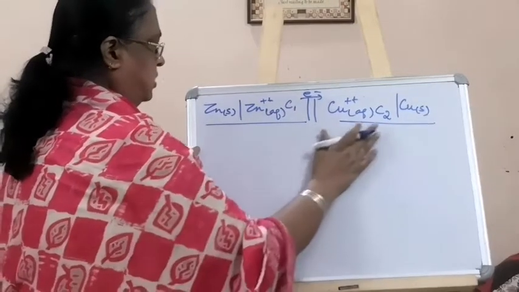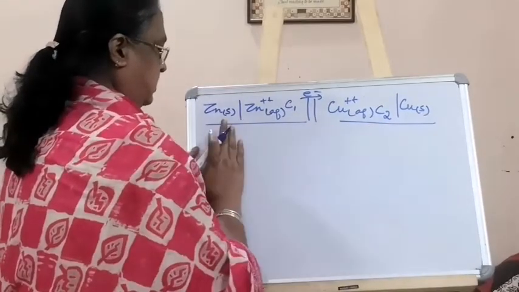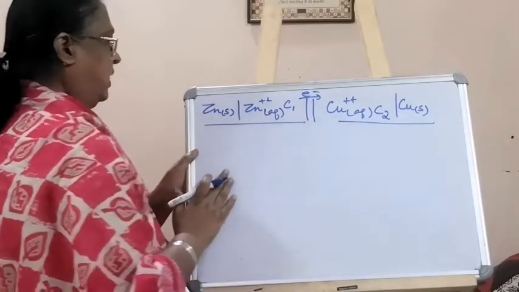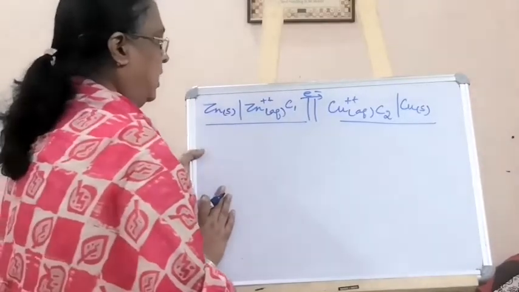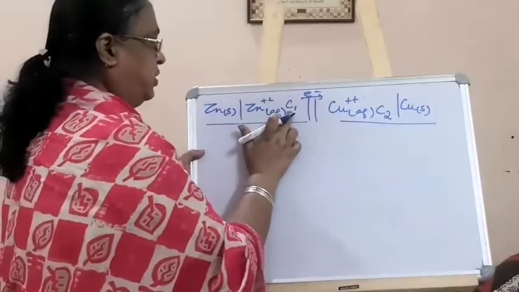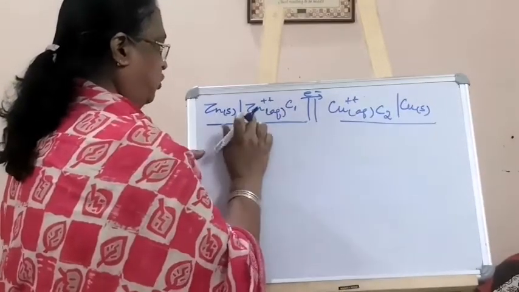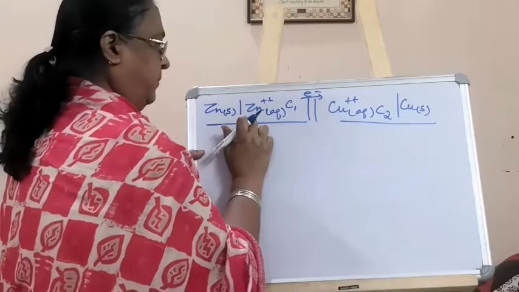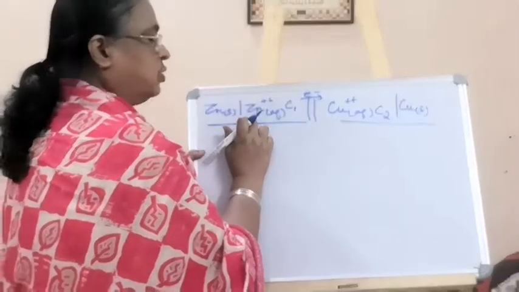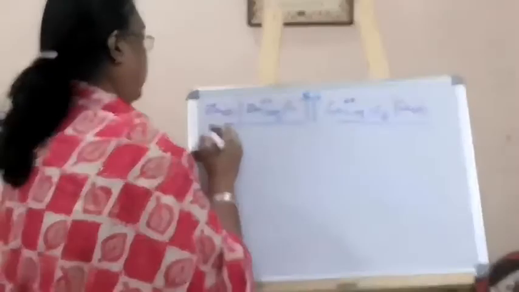Okay, so this is the right hand cell, this is the left hand cell. For this, when the concentration is not 1 molar, and if you want to know the electrode potential of this half cell, you can make use of the Nernst equation.